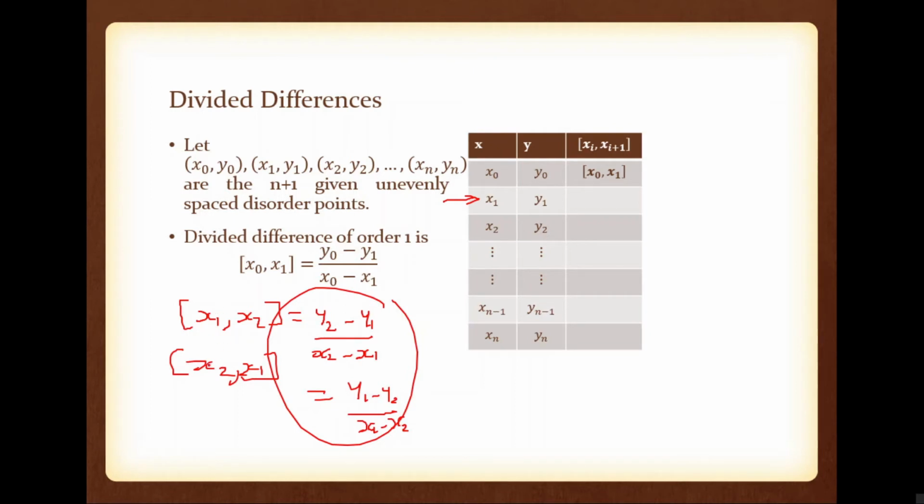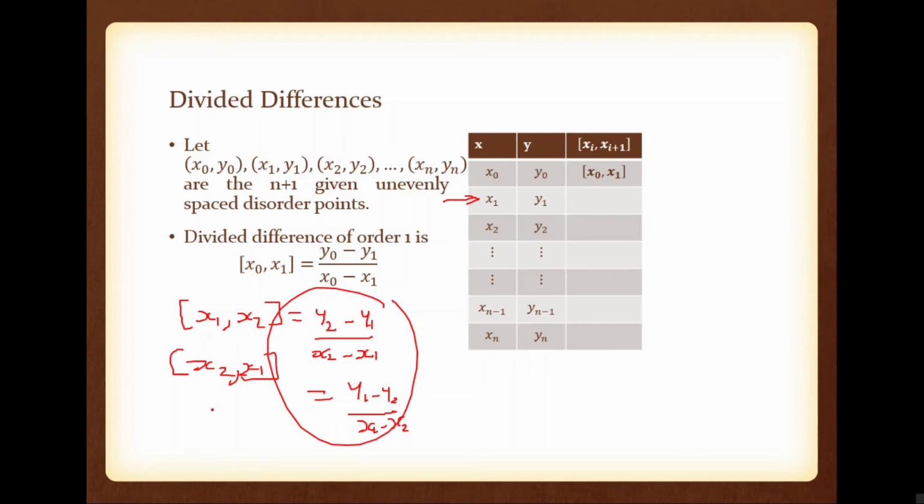The only thing is we need adjacent elements. If the first one is y2, then in the denominator the first one must be x2. Don't exchange these two. If it is y1, then in the denominator we have x1. If you are swapping the numerator elements, then we have to swap the denominator elements also.